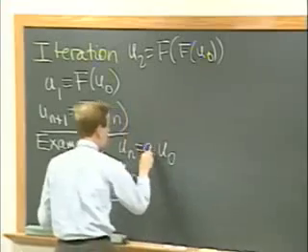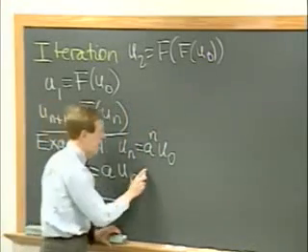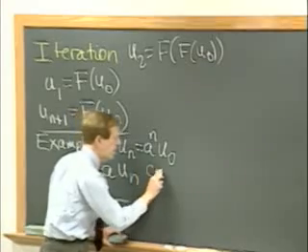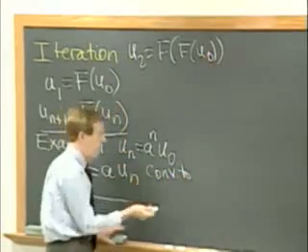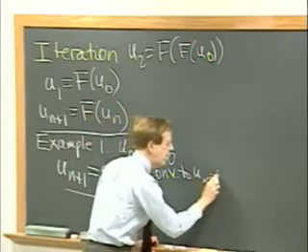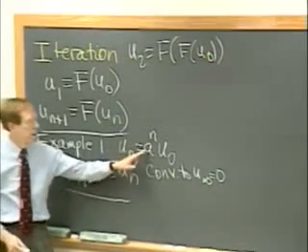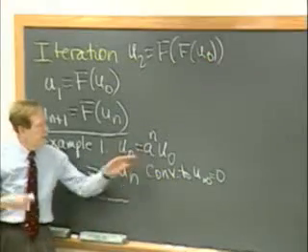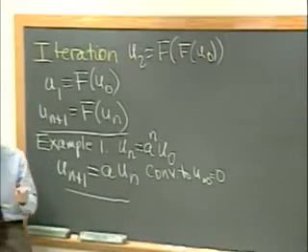So now you can tell me what all the possibilities are. It could converge to 0, maybe. So I'll call that u infinity equals 0. And when would that happen? When would this iteration, multiplying by a every time, go to 0? When the absolute value of a is less than 1.